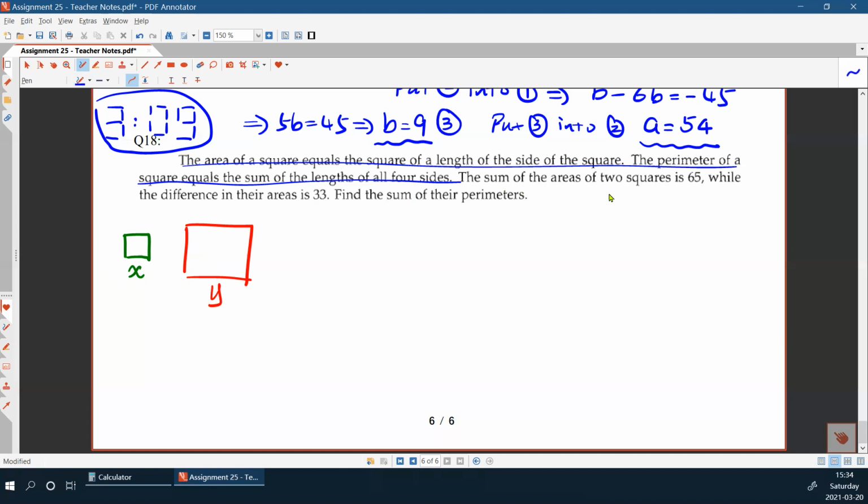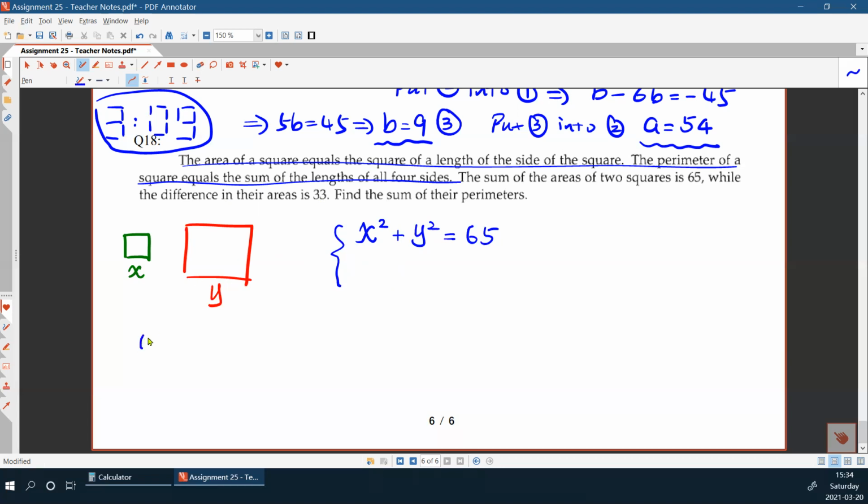We know that the sum of the areas is 65. So that means x squared plus y squared, this is the sum of the areas, right? This equals 65. Any other information there? Of course. The second piece of information is the difference in their areas is 33.